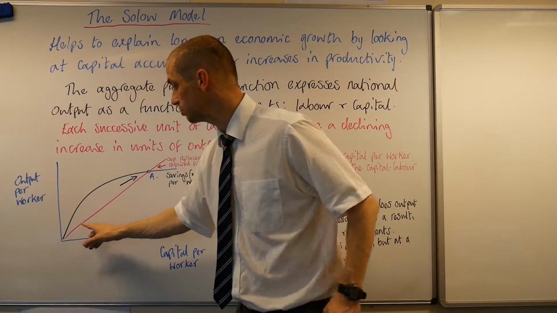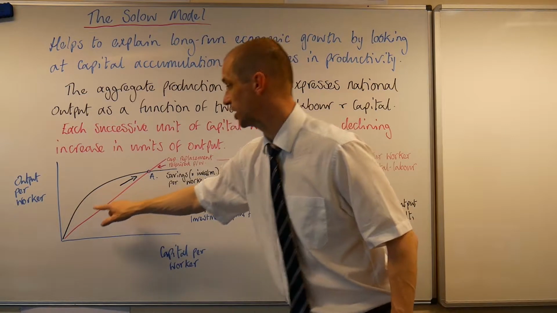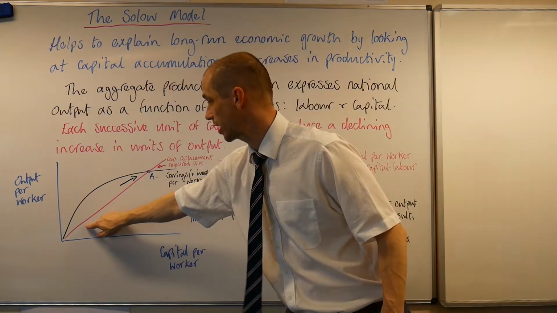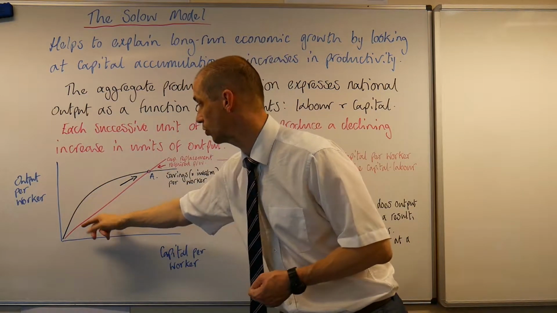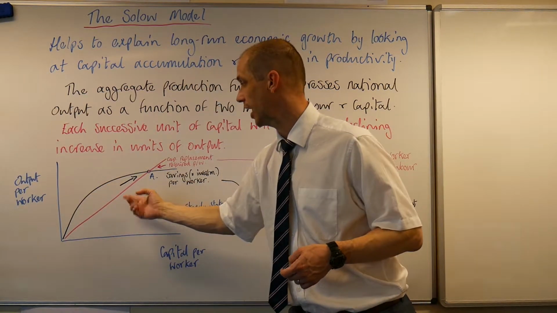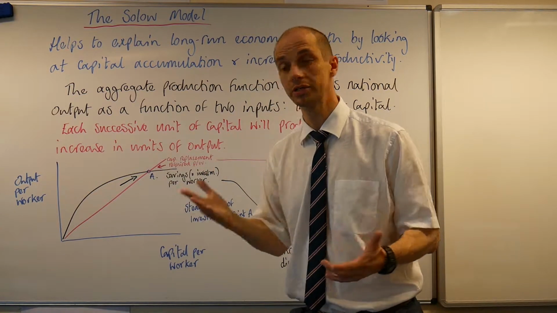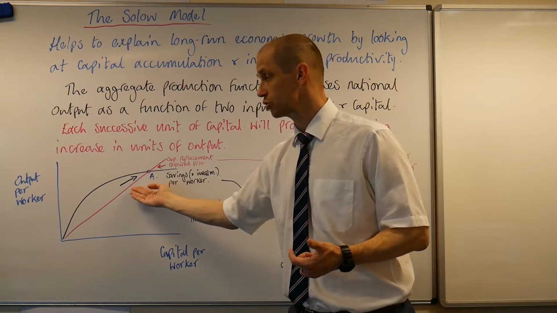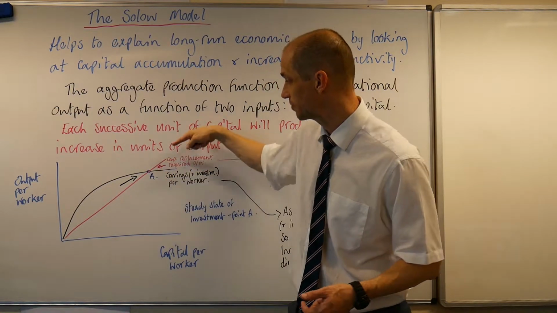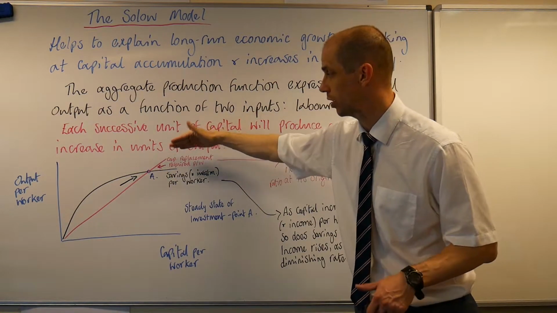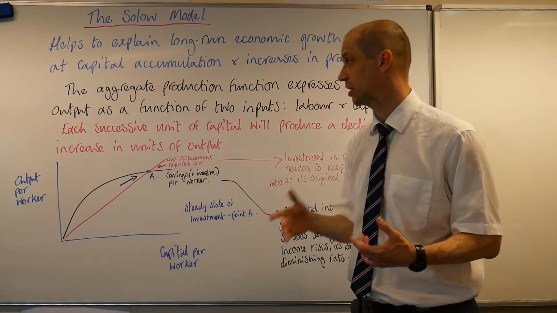So we can see at these points, savings and investment is greater than the actual capital replacement required, because you're acquiring brand new capital. But as that capital begins to age, then of course there is going to be a greater need to actually replace those capital goods. Up here, we can see that the actual capital replacement required is greater than the savings and investment.